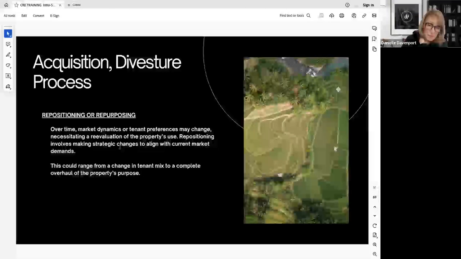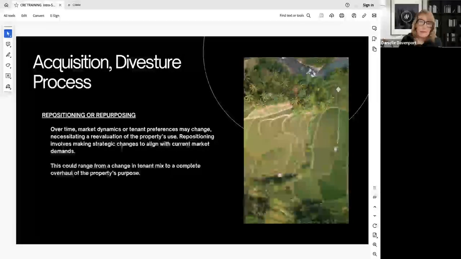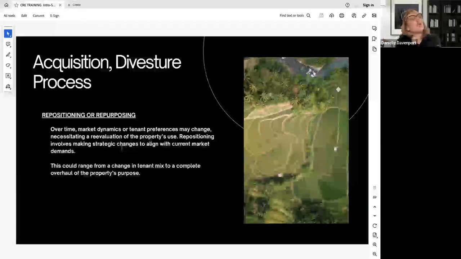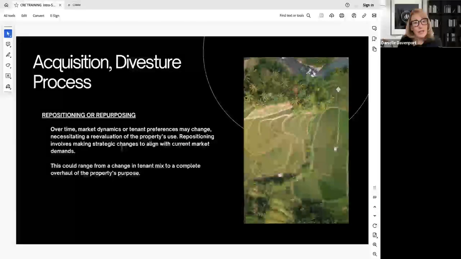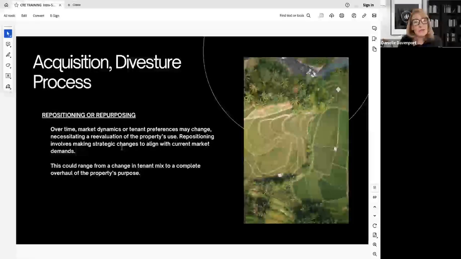Repositioning or repurposing, and we also call it adaptive reuse. So this would be a building or a structure that's being underutilized, and you can pivot it and use it as something else, or upgrade it or do something else.